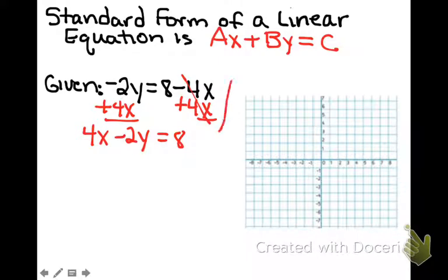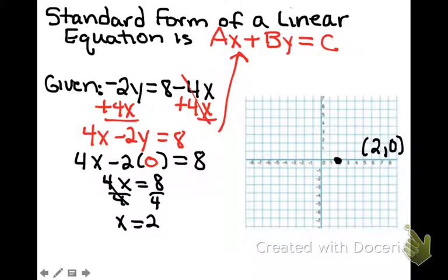And you can see that it is now in standard form. Next, you'll determine the x-intercept by making the y equal to 0 and solving for x. So you can see we made the y equal to 0 and we solved for x.